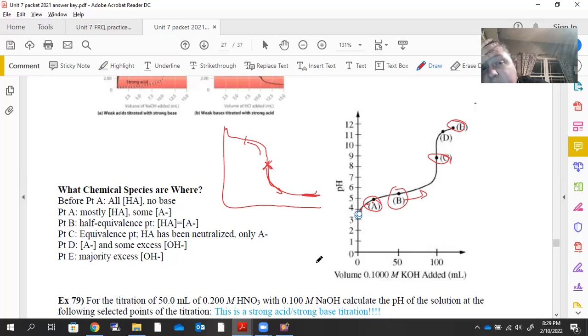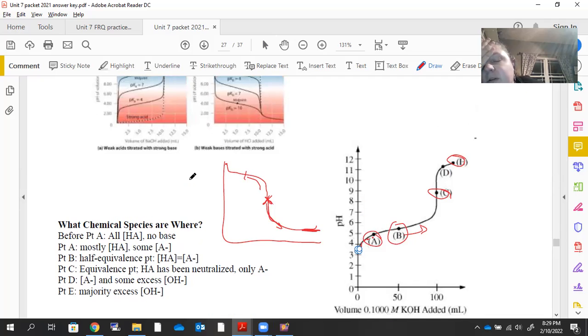The only difference if we were titrating a strong acid and a strong base together is that we don't have any of that acid that stays together. With a strong acid and a strong base, we don't have that little hump on our graph.